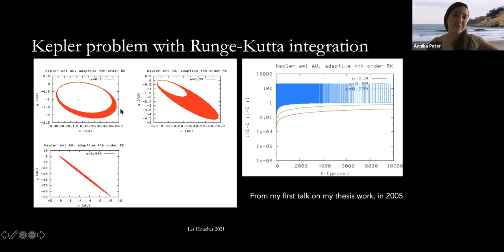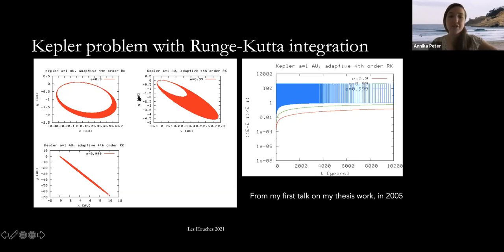In this case, the eccentricity is 0.9, here it's 0.99, and here it's 0.999. I forget exactly how long I ran these simulations for. Oh, here we go, 10,000 years. This was a set of simulations I ran for the first talk I gave on my thesis work when I was in grad school.